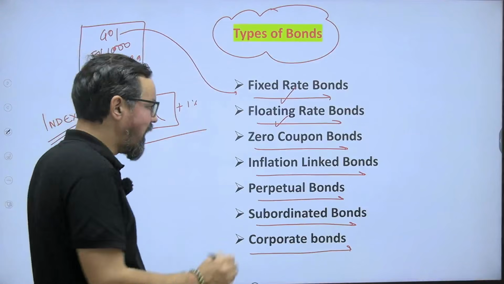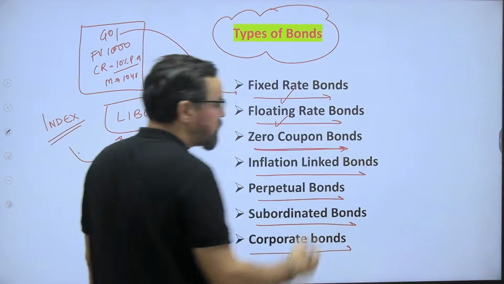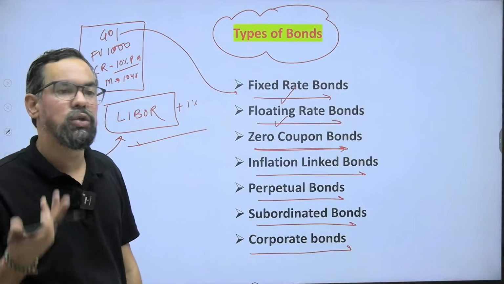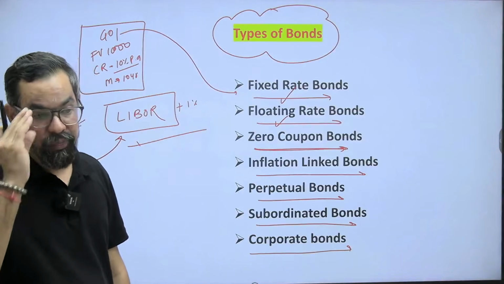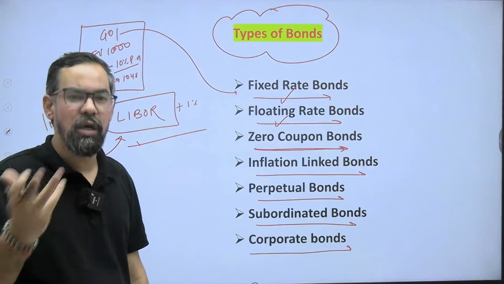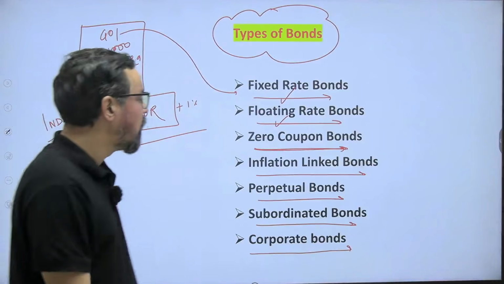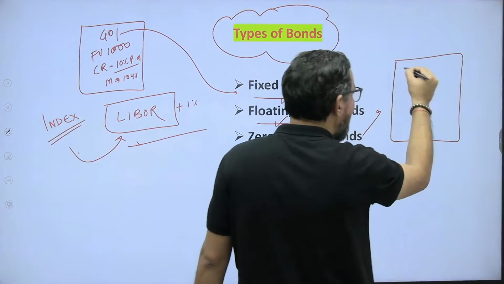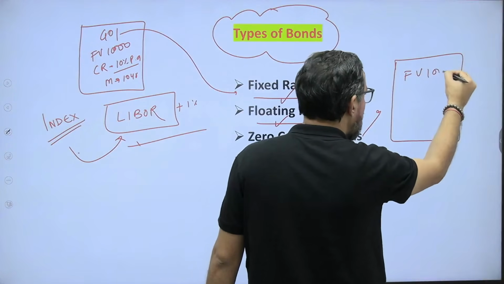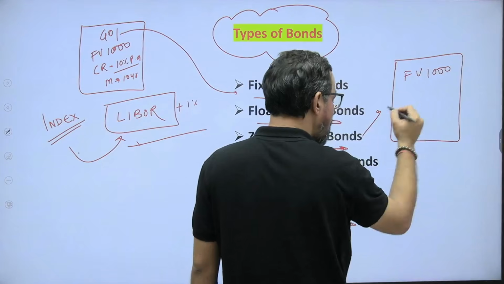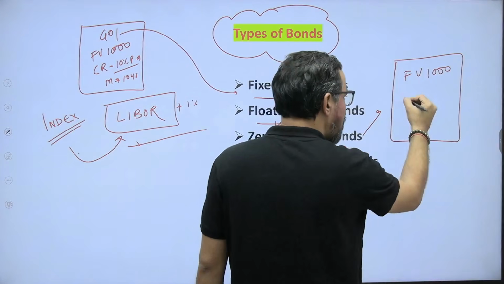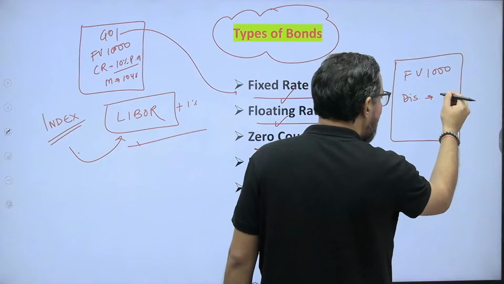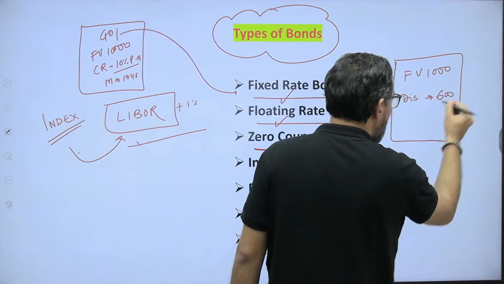So then we have zero coupon bonds. Mostly you will see whenever the government issues securities, they issue them as zero coupon, like it can be treasury bills or else a bond also. Let's say government of India comes up with a bond whose face value is 1000, and currently this bond is issued at a discount, and the discounted price is supposed to be 600, okay?